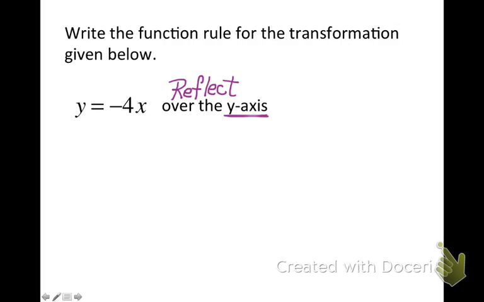So if I look at my m value right now, it is a negative 4. If I want to change the sign of that, I have to change it to a positive 4. So to reflect negative 4x over the y-axis, I am going to change this to y equals 4x.